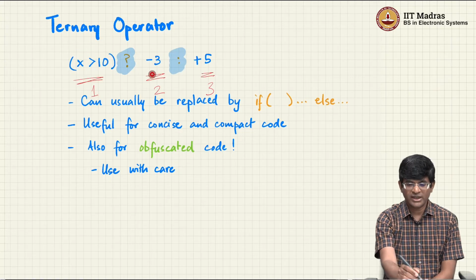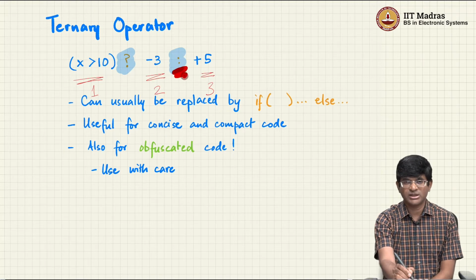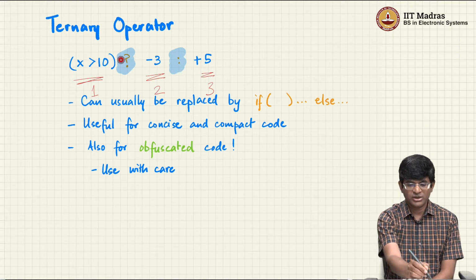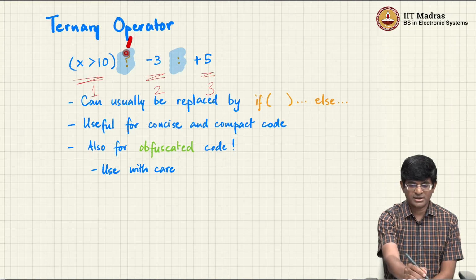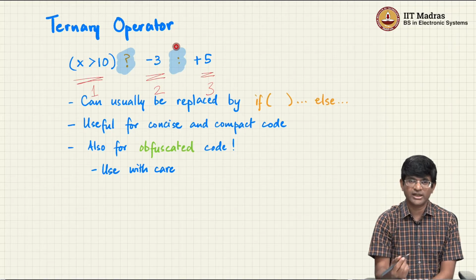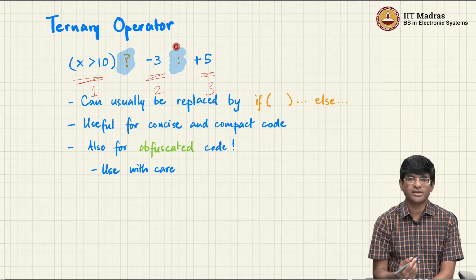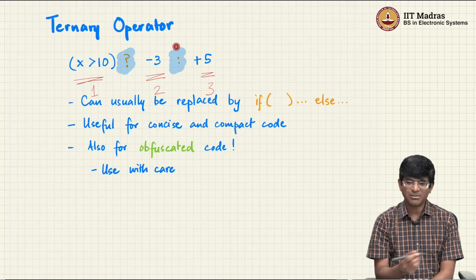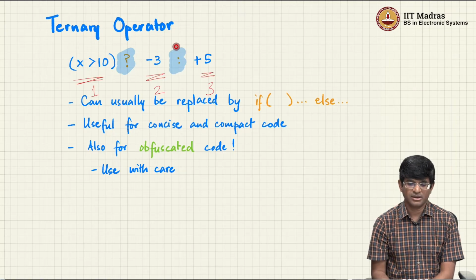If it is true, it takes the value after the question mark. If it is false, it takes the value after the colon symbol. This entire structure, the question mark and colon combined together, is called the ternary operator. It's actually two symbols that go together, and can be separated by spaces and other things in between, but only when combined do they become the ternary operator.